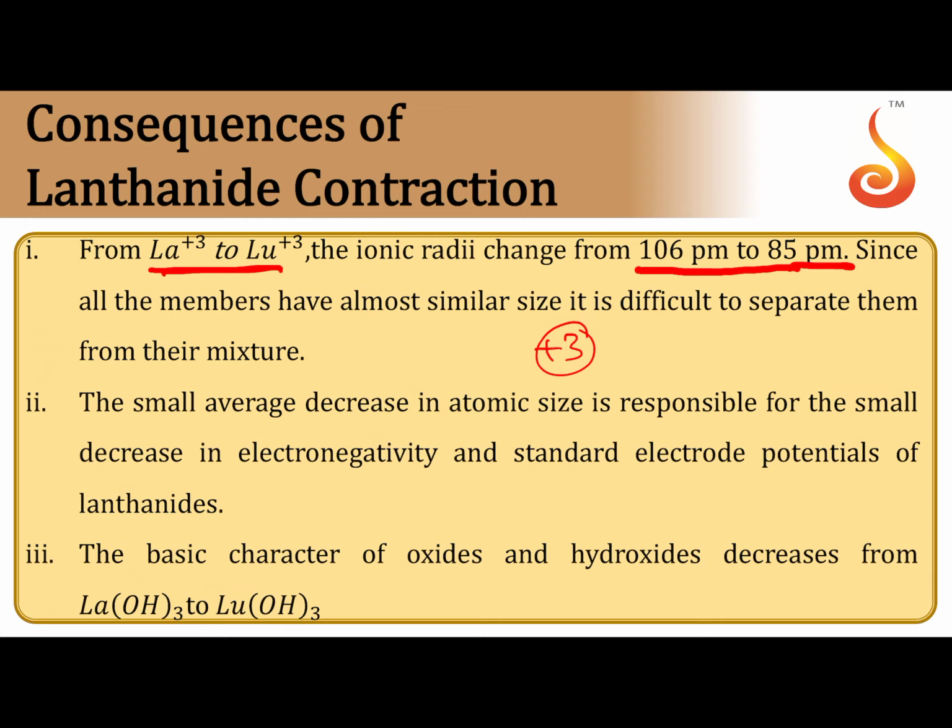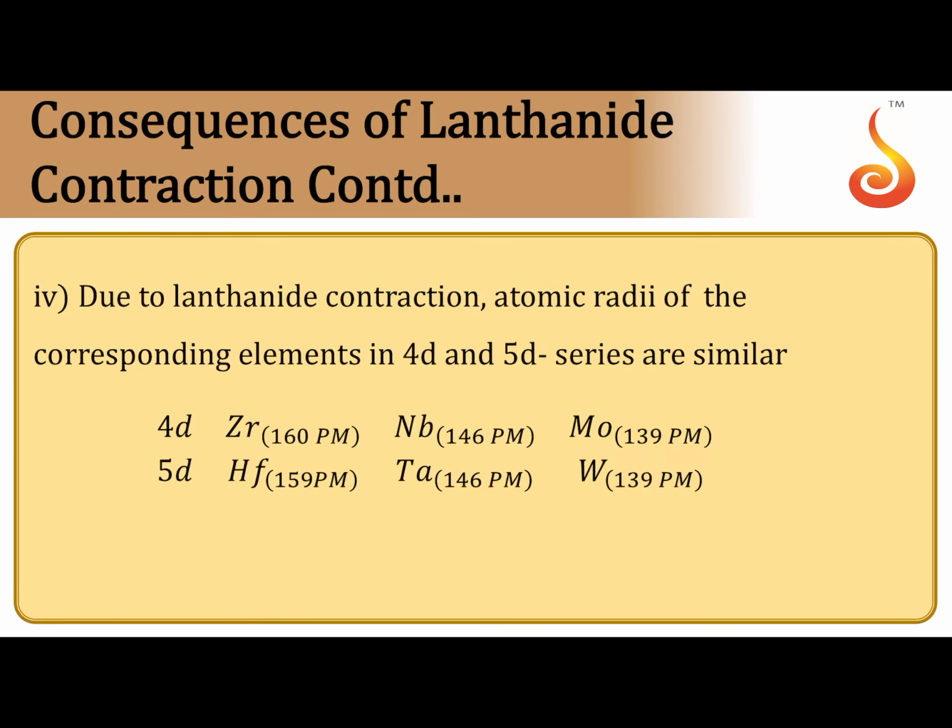Since all the members have almost similar size, it is difficult to separate them from the mixture. The small decrease in size is responsible for the small decrease in electronegativity and standard electrode potentials of lanthanides. The basic character of oxides and hydroxides decreases from lanthanum to lutetium hydroxide.